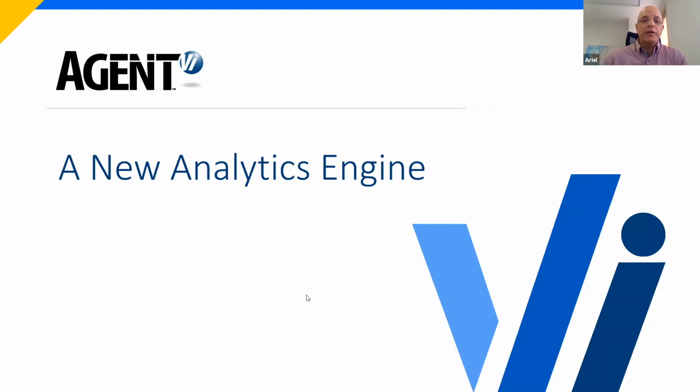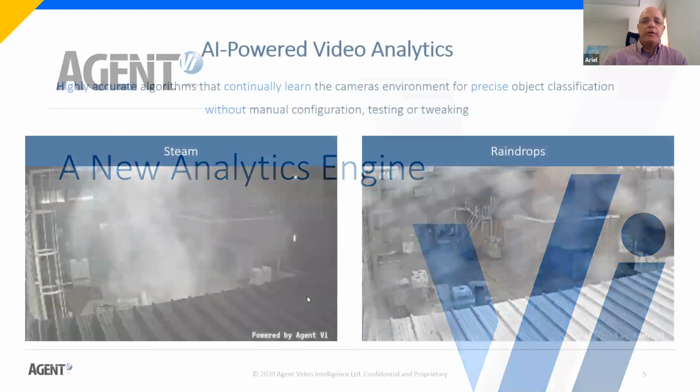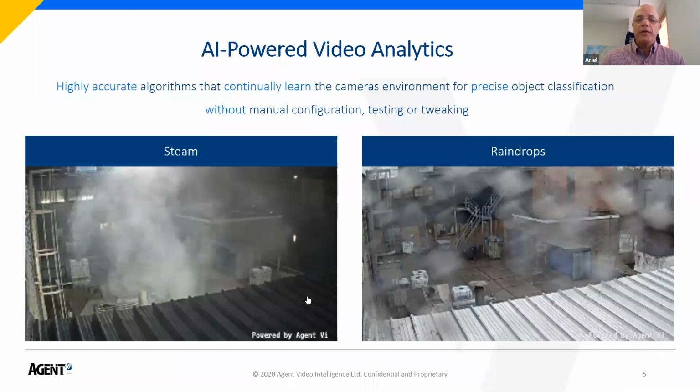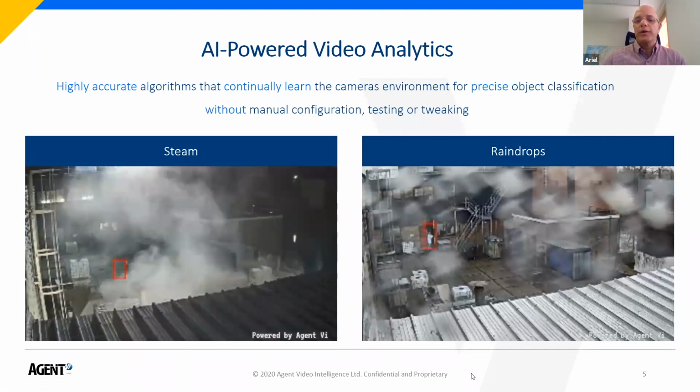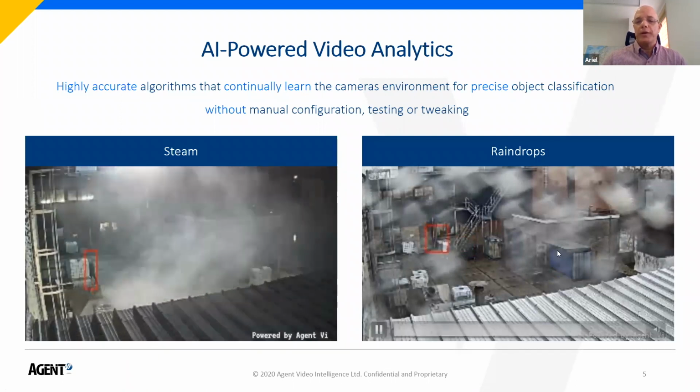In terms of the analytics engine, just a few words about that. When we say video analytics or AI-based video analytics, essentially what we mean is the capability to do what you see in these pictures.